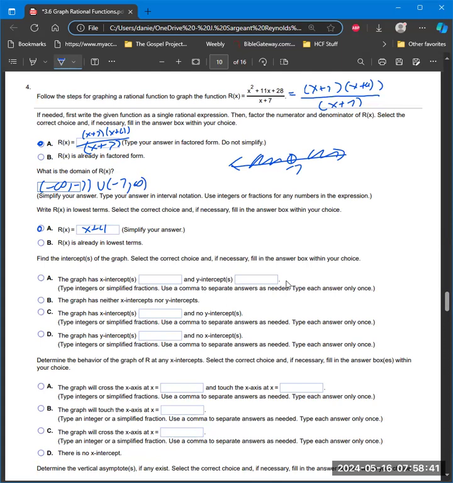X-intercept will be at -4, and y-intercept at 4. So -4 and 4.